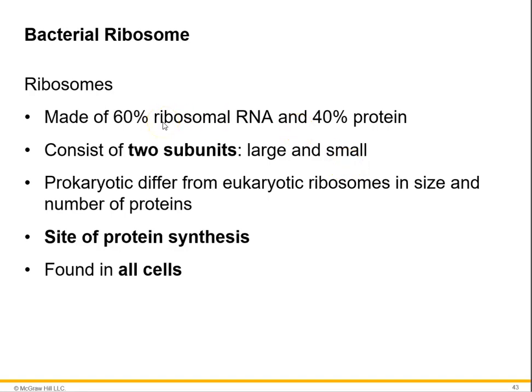You'll see a very similar scheme in the eukaryotic ribosomes. They also have two subunits, large and small, but they are slightly different size. Ribosomes, like I said, are where proteins are made, and they're found in all living cells.